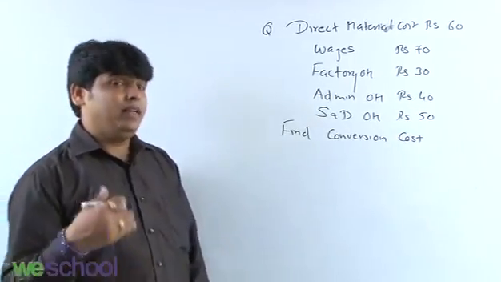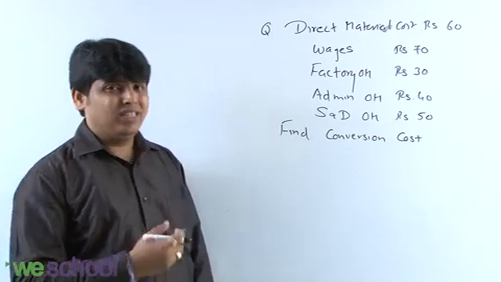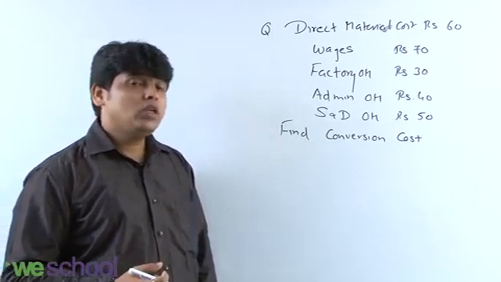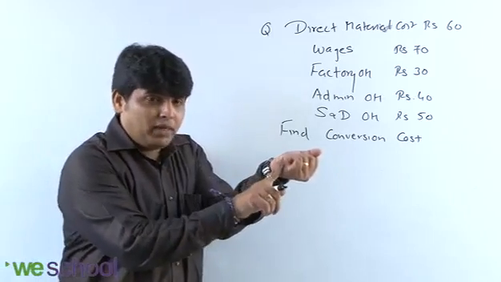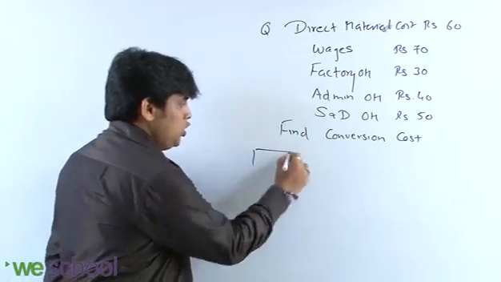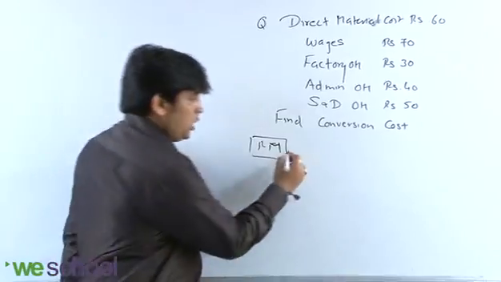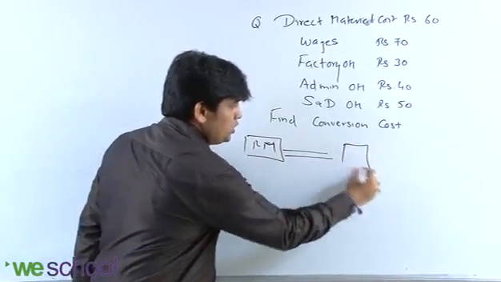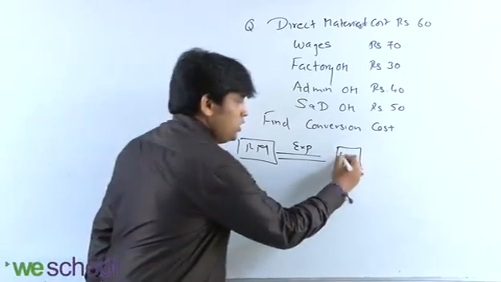Now with the help of that definition which I just gave you before this sum: conversion cost is that cost which is incurred to convert this raw material into finished goods. Whatever expense you incurred to convert it, that is your conversion cost.